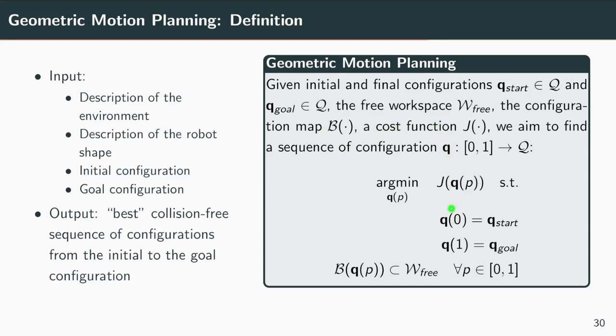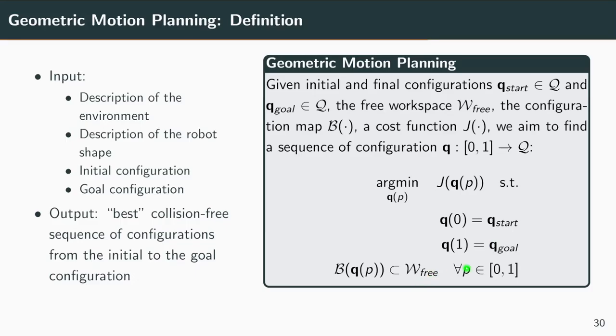And basically we have some constraints. The first constraint says that at the beginning of the sequence, if this variable or function is 0, then we need to be at start. At the end of the sequence, so Q of 1, we need to be at the goal.